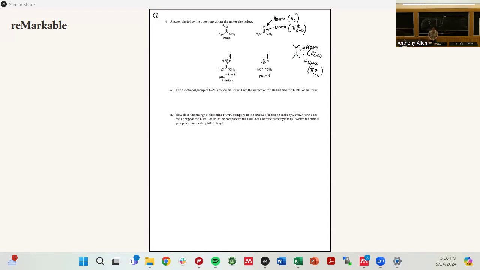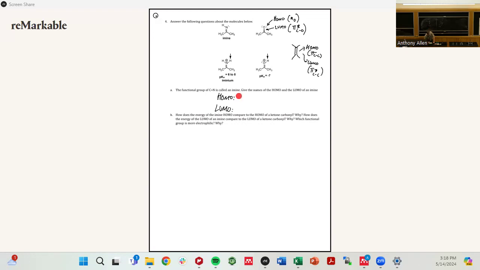For the imine, what do we think about the imine? So the HOMO should be the what? So not a p orbital, but it is a lone pair.